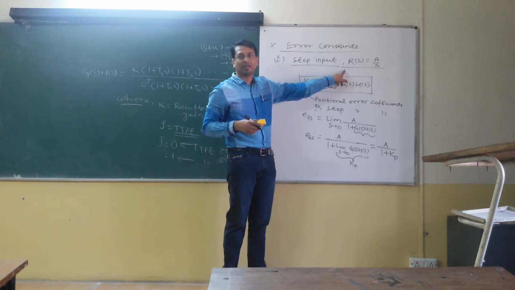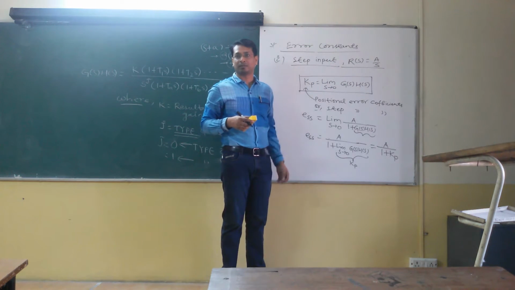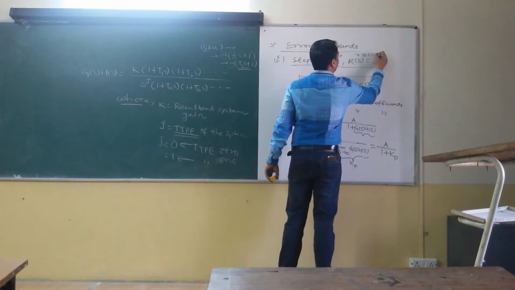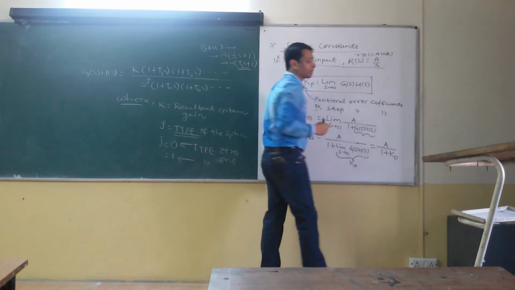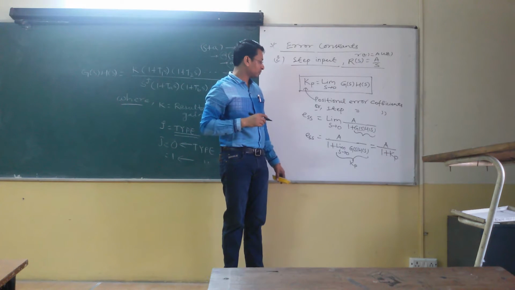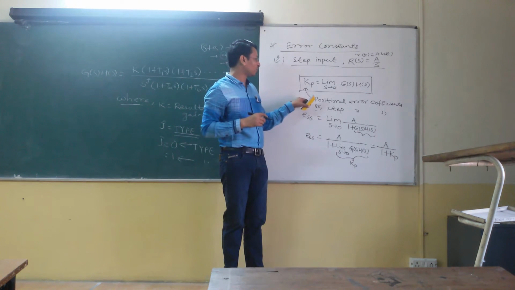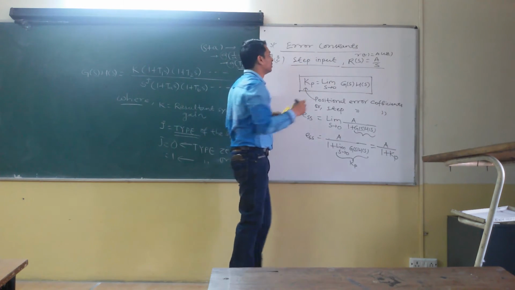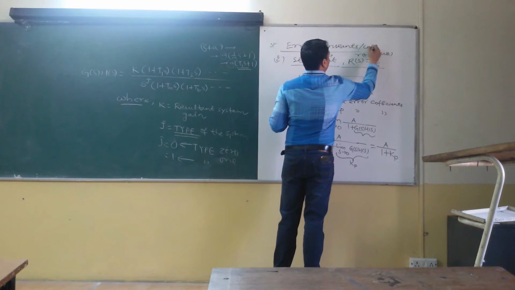Because we have provided R(s) equal to A upon s, meaning r(t) was equal to A u(t). Correct? So this was your first error constant or coefficient.